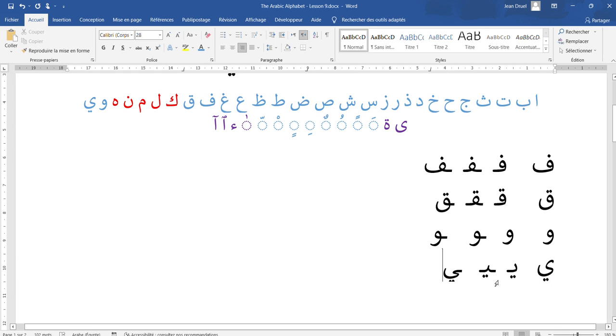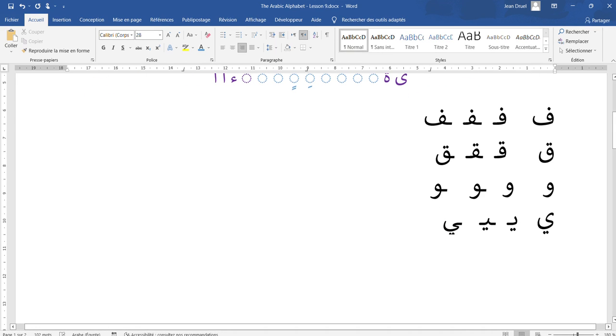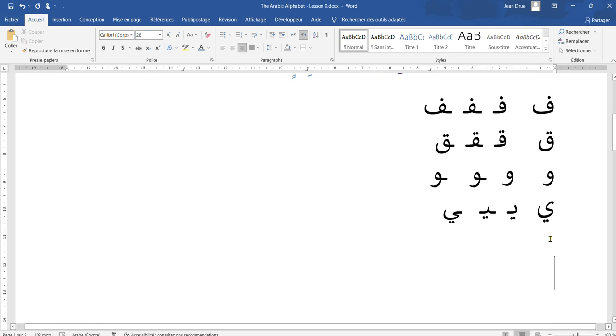All this is not what is complicated. What is complicated is to know when to pronounce the waw as a consonant, wa, wi, wu, and when to pronounce it as a long vowel, u. Same for the ya, when to pronounce it as ya, yi, yu, and when to pronounce it as e. The first thing is, if it's initial, it's always a consonant.